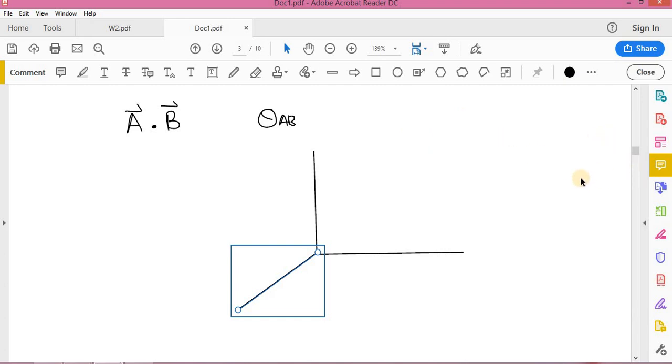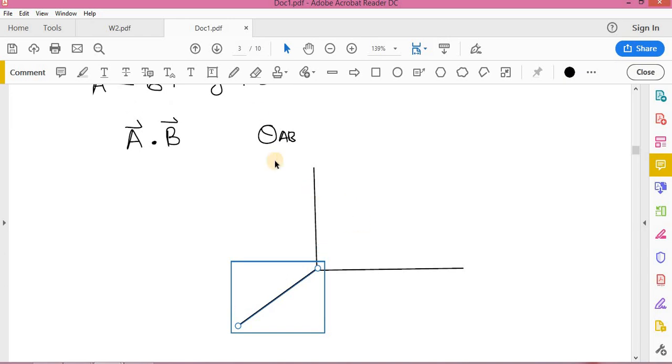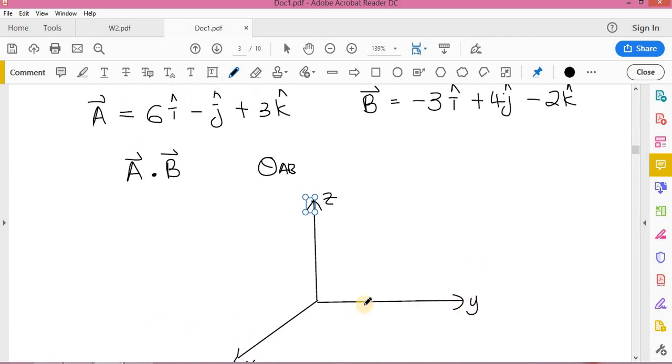So you need to draw vector A and vector B. I will label the axes first: Z, Y, and X. For vector A, it is 6 units. I just estimate it roughly.